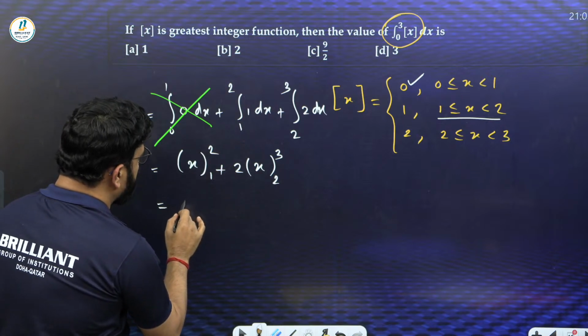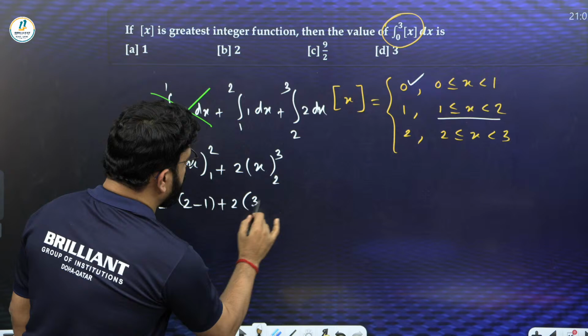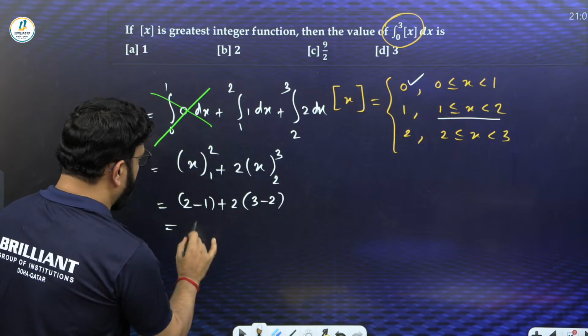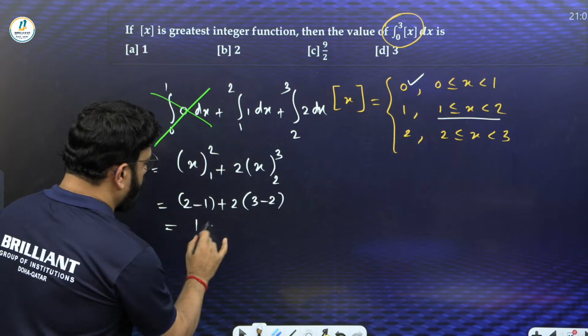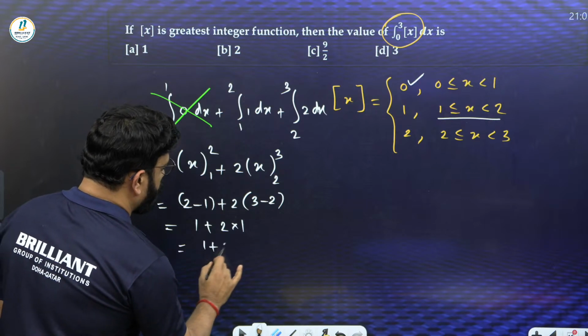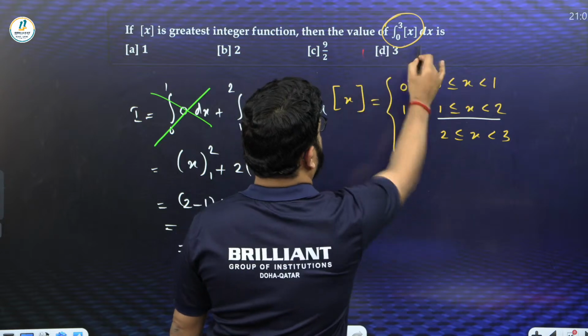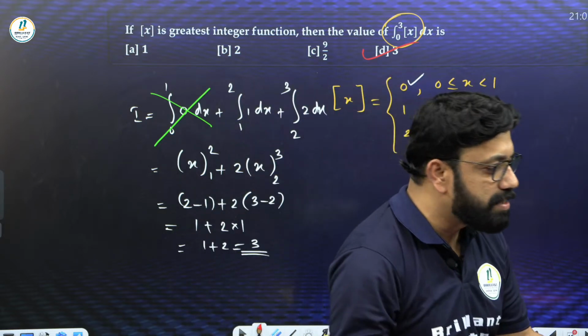So 2 minus 1 plus 2 into 3 minus 2. 2 minus 1 goes to 1 itself. 2 into 3 minus 2 goes to 2. So 1 plus 2 goes to 3. We can check whether the answer is there. Yes, option D is there. Many students gave the answer here.